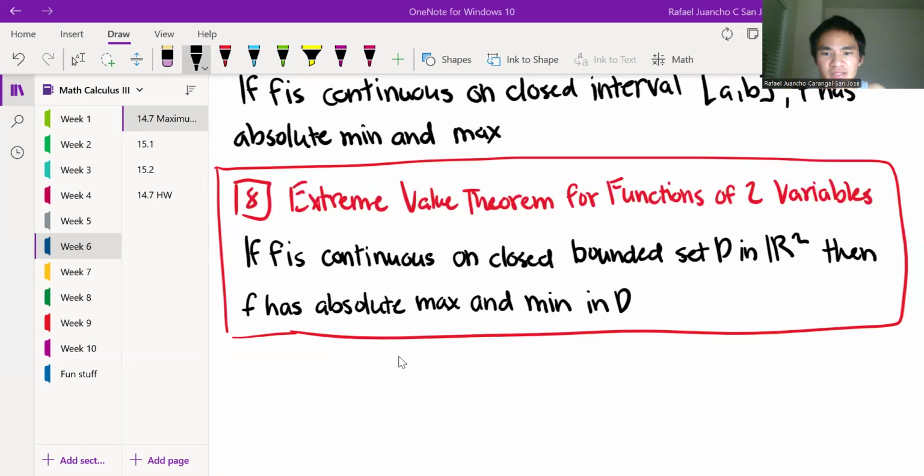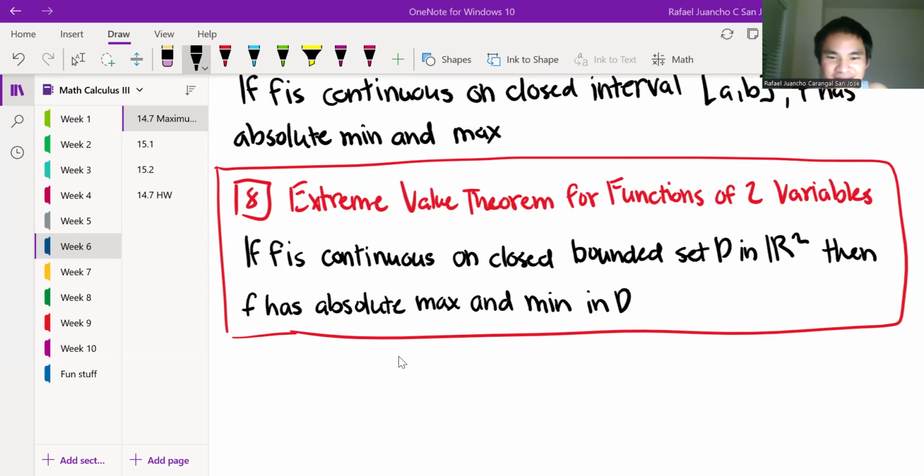And to find the extreme values guaranteed by this theorem, we know that by theorem 2, if f has an extreme value at (x1, y1), then (x1, y1) is either a critical point of f or a boundary point of D. Then we have the following extension of the closed interval method.